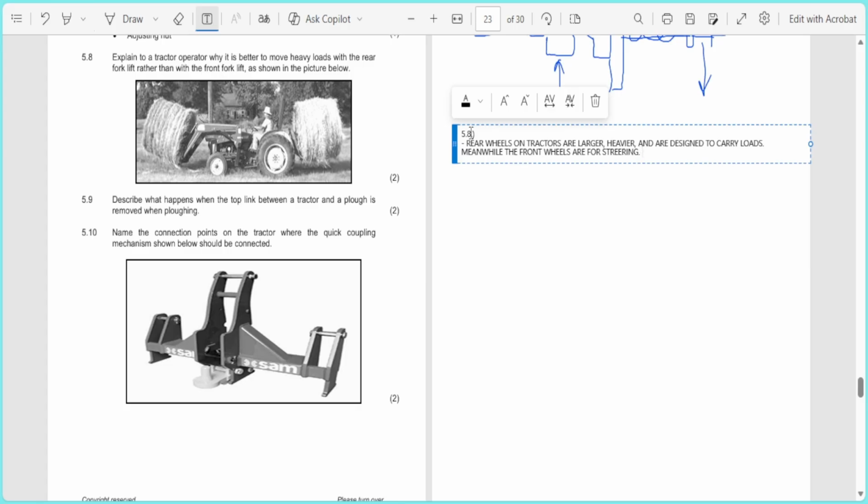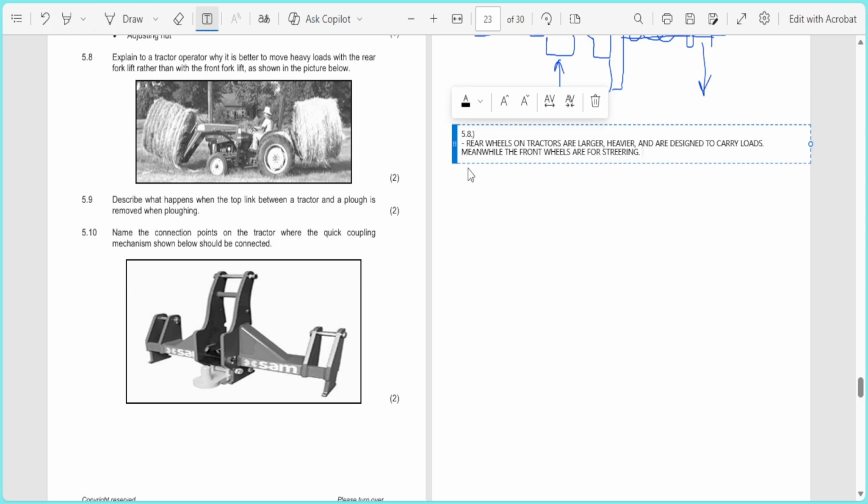So removing it turns it into a 2-point system that is unstable. The plow will either dive too deep, lifting the tractor's front or right out of the ground.